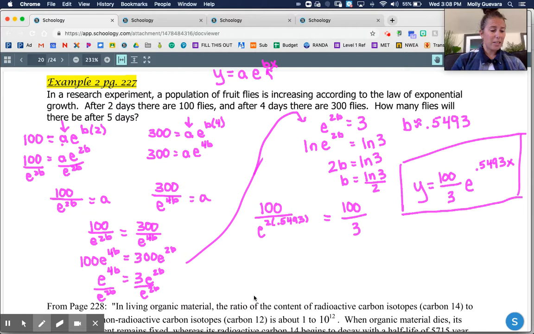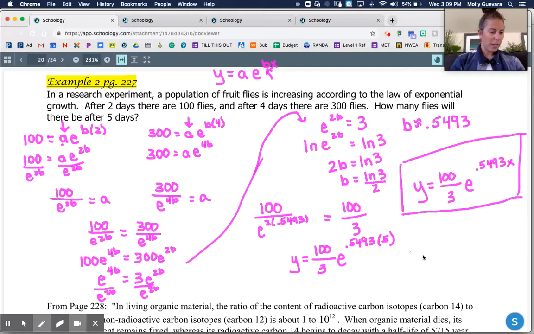And then the last part just says, how many flies will there be after 5 days? So I'm just going to plug in 5. Okay, so y is equal to 100 over 3 e to the 0.5493 times 5.